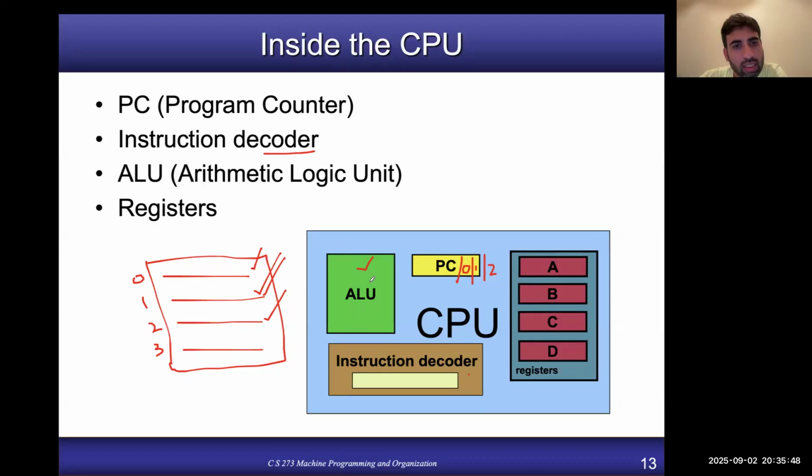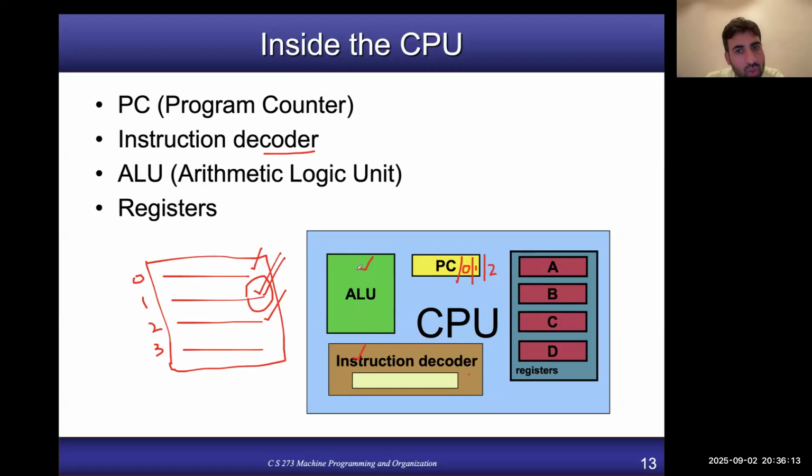ALU, this is the arithmetic logic unit. For example, the PC says to fetch an instruction from address 0, and that instruction is decoded by the instruction decoder, which finds out that this particular instruction wants to add registers R1 and R2. The job of the instruction decoder is just to make sense of what the instruction wants me to do, but it doesn't actually perform that operation.